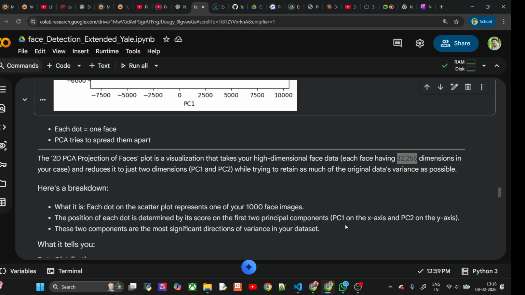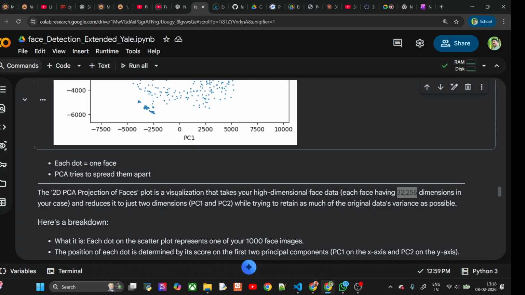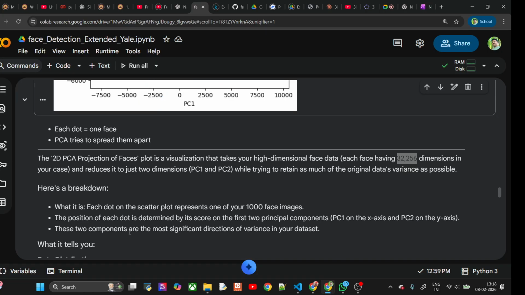So the maximum information is in the first principal component. That's why we plotted PC1 and PC2. We try to get maximum information plotted here. PC3 also has some, but compared to PC1 and PC2 it has less information. So we plotted the first two components, and we try to get the directions of the variance in the data set.